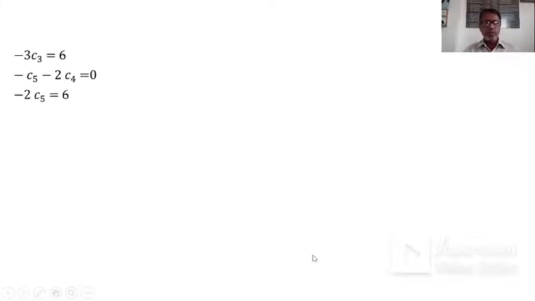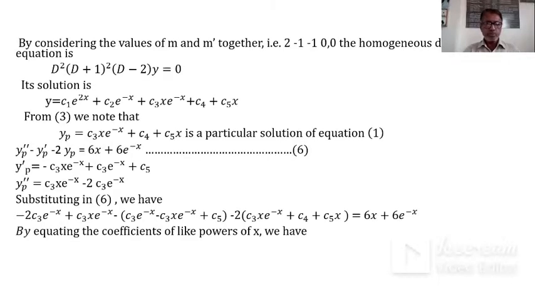Now we take the coefficient of the remaining terms, c4 plus c5x, by equating the coefficients of both sides. It is minus c5. We collect the remaining terms.